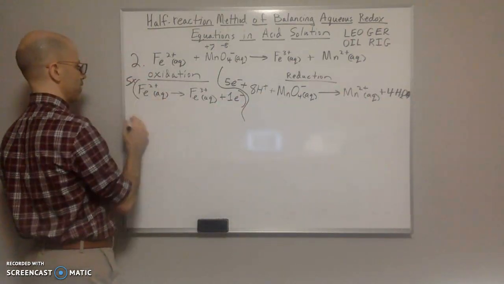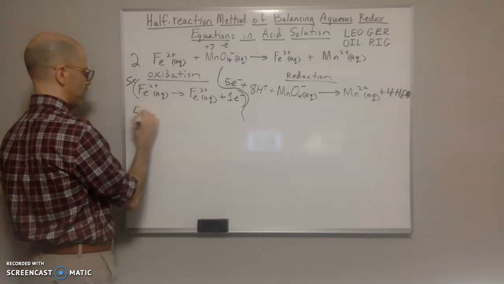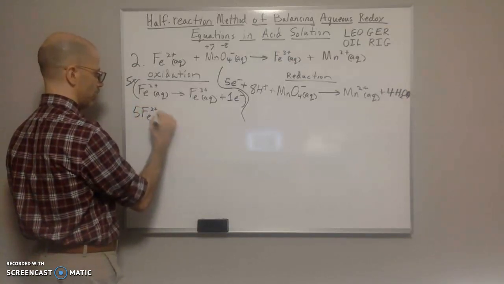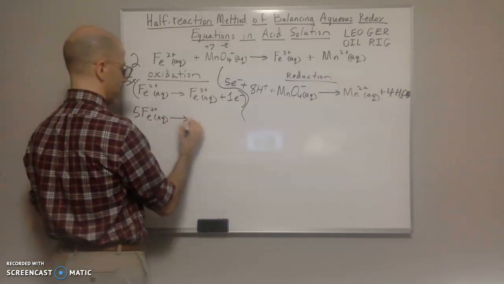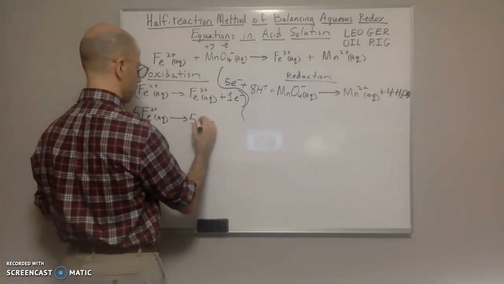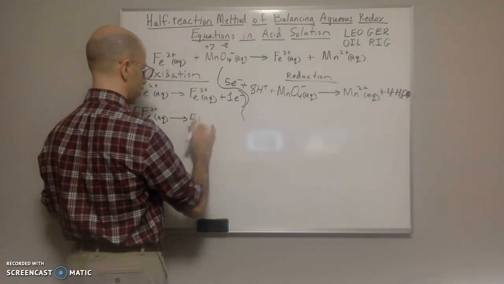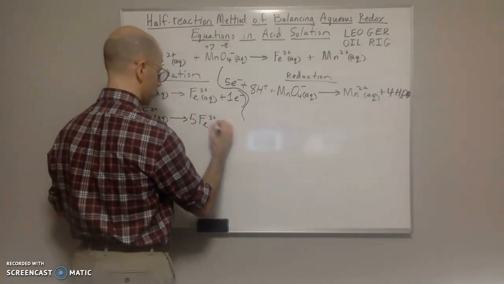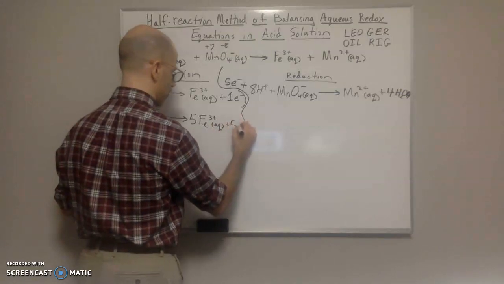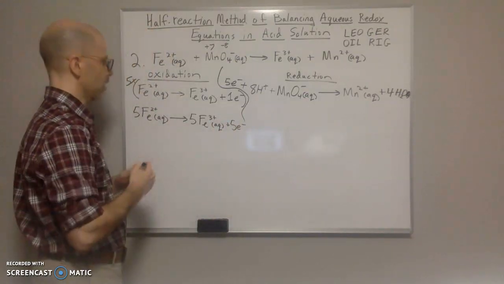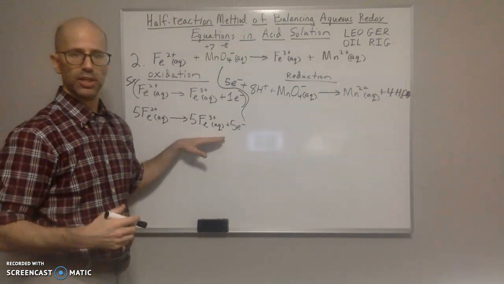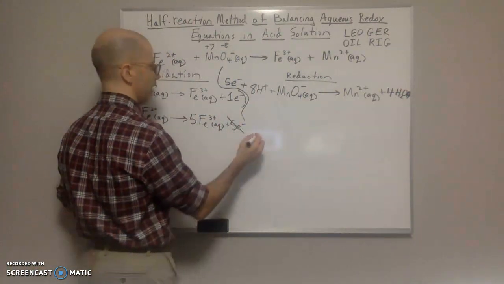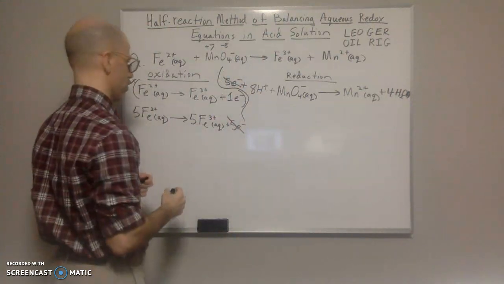So 5 times that is going to give me 5 iron 2 plus aqueous, and that's going to give me 5 iron 3 plus aqueous plus 5 negative electrons. Okay, so now everything's ready to get added together. When I add these together, the 5 electrons here and the 5 electrons here cancel out.